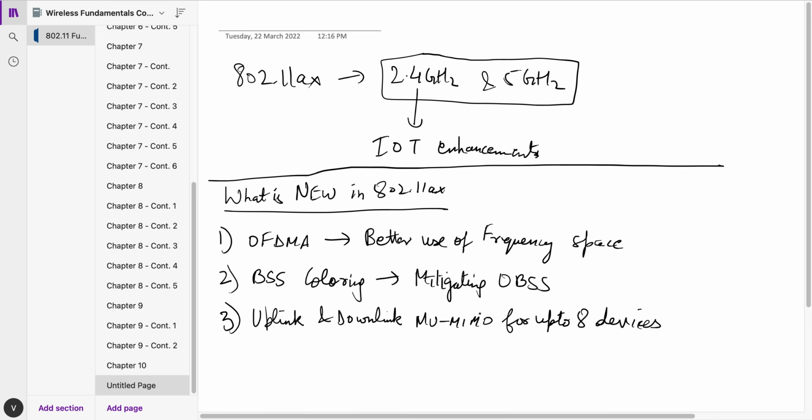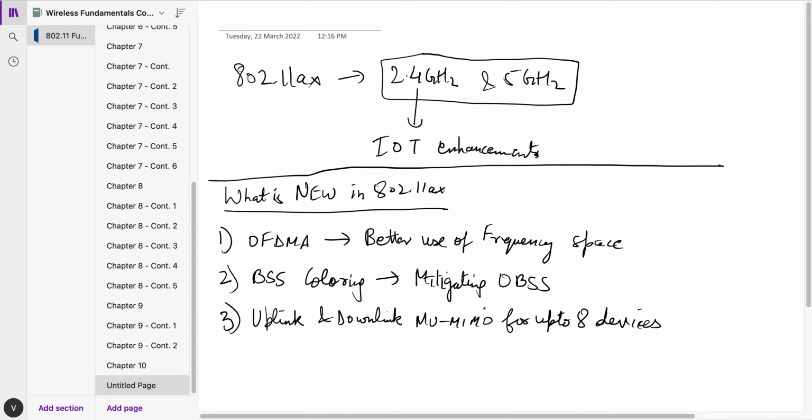In .11ac, if you remember, we were doing multi-user MIMO, but that was only downlink. We have never done uplink synchronization of traffic flow in any standard of Wi-Fi till now. It's only in .11ax where we are somehow able to control the flow of traffic from client to the AP. And of course, AP is in charge in that.